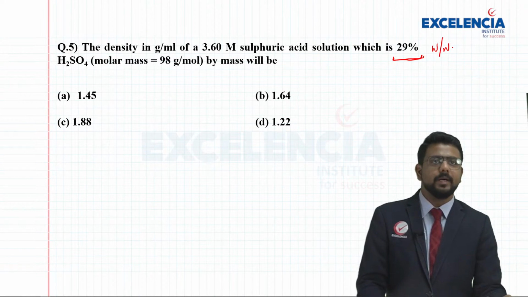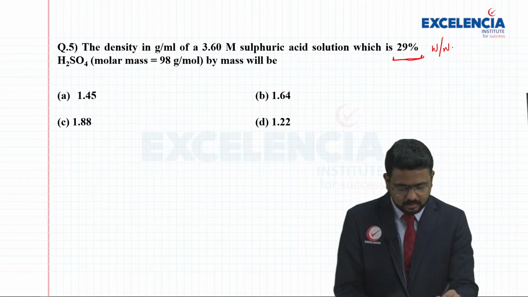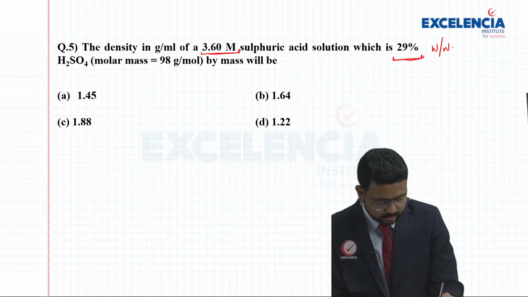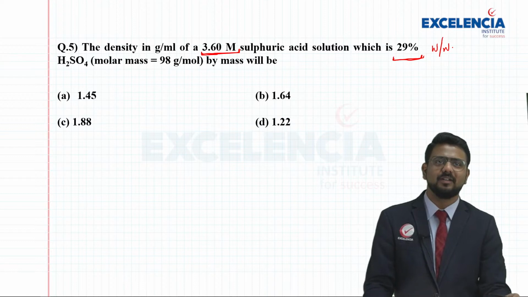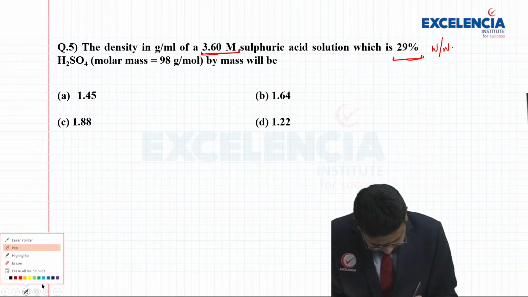Now here they are asking you to find the density of the solution. They have given you the concentration, that is nothing but molarity of the solution, right, and percent weight by weight. So we have a direct relation.